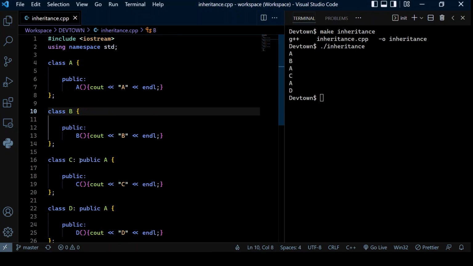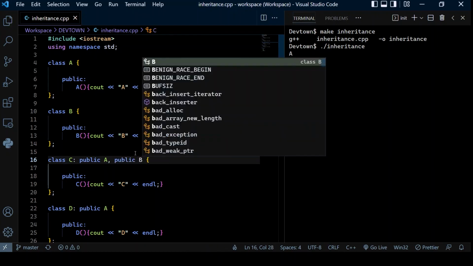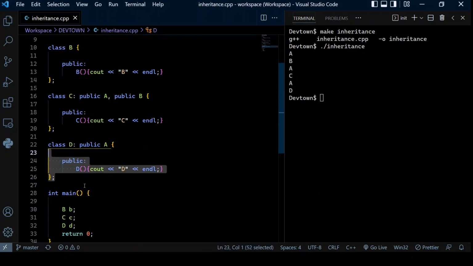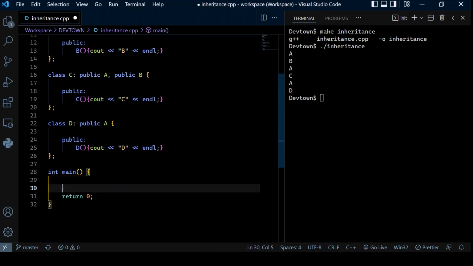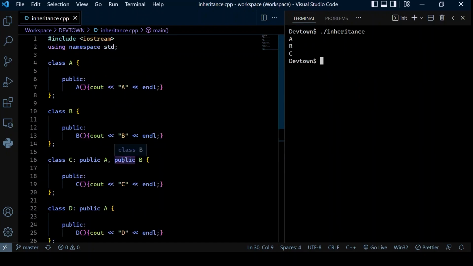So let us make C inherit both A and B. This is how you would do it: the mode of inheritance for A, comma, the mode of inheritance for B. Now let's see the way in which the constructors are being called when I create an object of class C. We see it's A, B, and C, meaning first the constructor of A is called, then the constructor of B is called, and then the constructor of C itself is called.